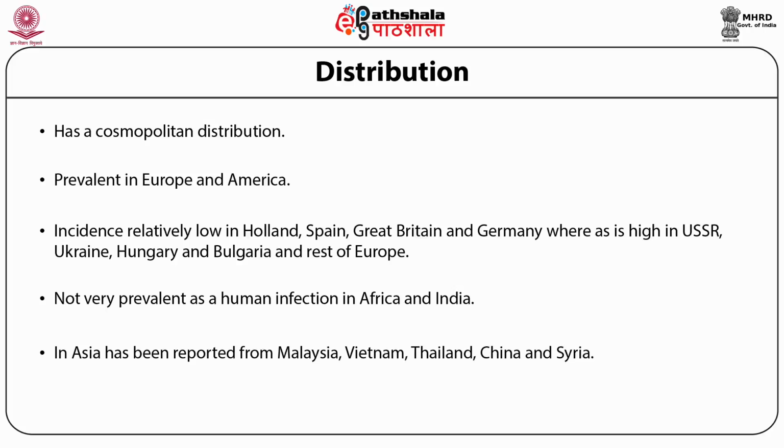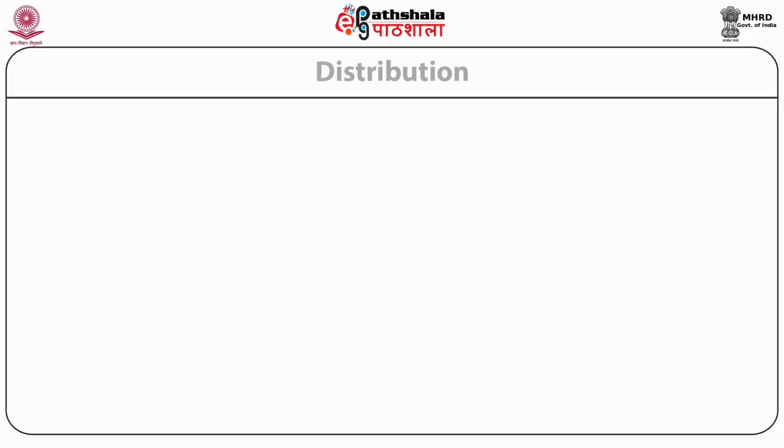Furthermore, due to political and economic changes in southeastern Europe, a re-emergence of trichinellosis has been reported in countries of this region, and recent human outbreaks have been reported in Germany, Italy, and the United Kingdom. Human trichinosis was reported from India in 1996 when the first case was seen in Punjab.